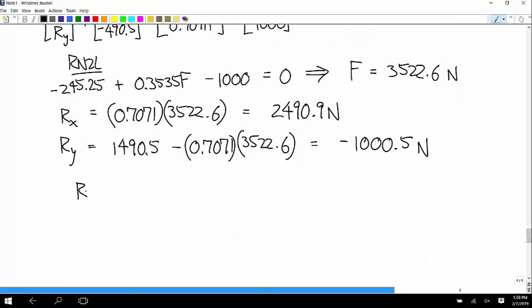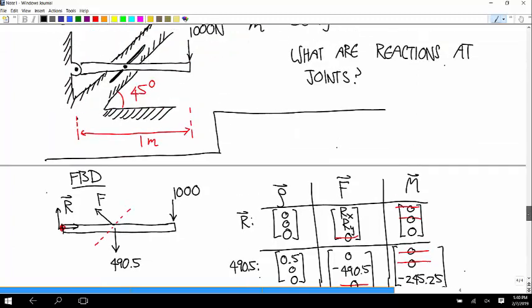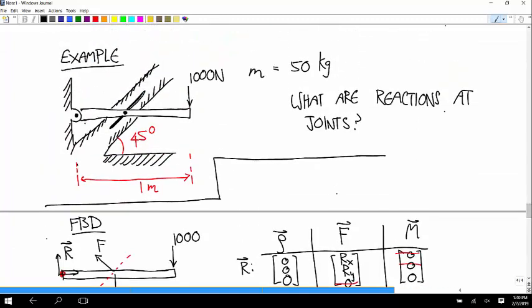Okay, so that force vector R is 2490.9, negative 1,000.5 newtons. The force vector at that pin and slot joint is 3522.6. So you wouldn't know this from just glancing at this.